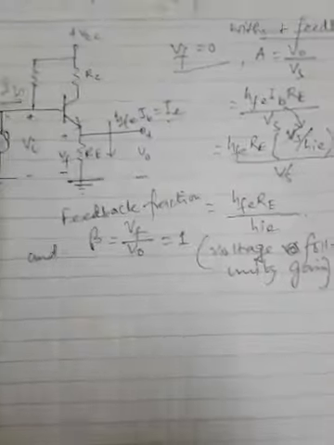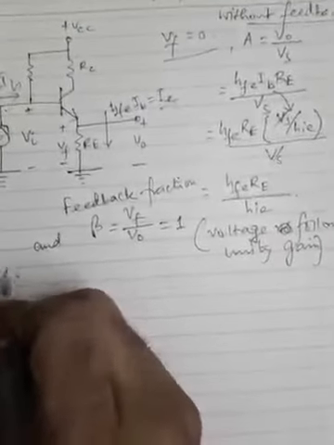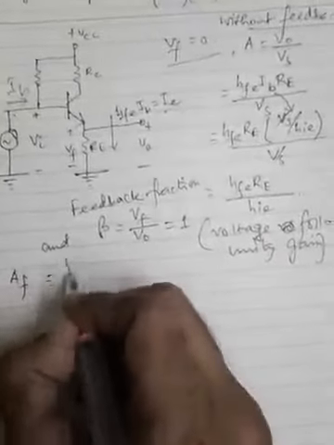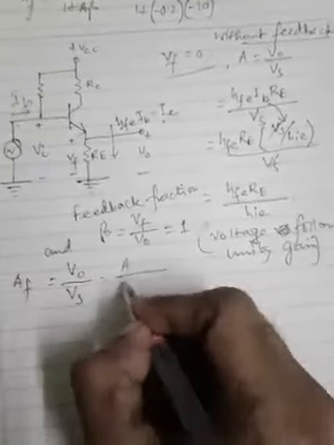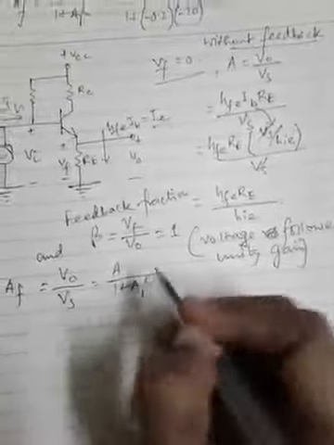Voltage follower is having gain unity. Now considering feedback is applied, the formula is AF equal to VO by Vs, which is A by 1 plus A beta, the general expression. Now substitute beta from here 1 and A from here as HFE RE by HIE.